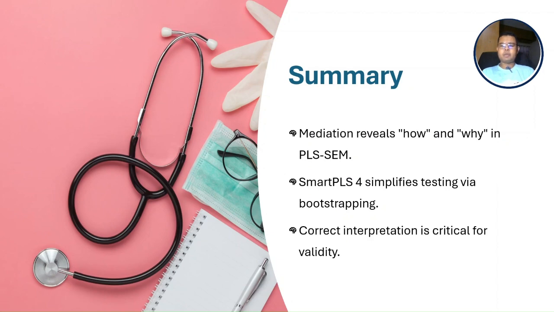So using SmartPLS 4, you can interpret your result easily, which, from my personal experience, I didn't get with any other software. So I strongly believe SmartPLS 4 is more convenient and easy to use for mediating analysis or overall partial least squares based structural equation modeling, right?